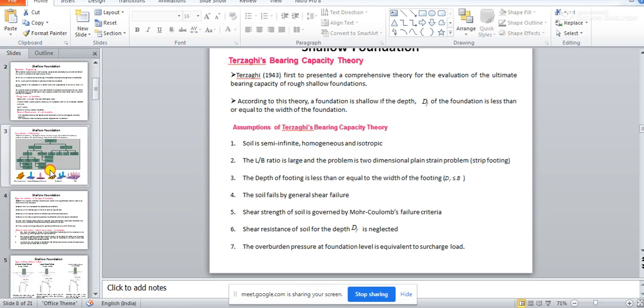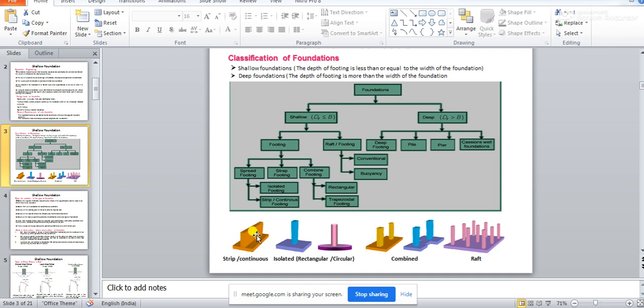See, this is your strip footing. This is the breadth of the foundation, and this is the length of the foundation. If a foundation is like this, the L by B ratio will be much greater than 1, and that kind of foundation will be considered a strip footing or a continuous footing.